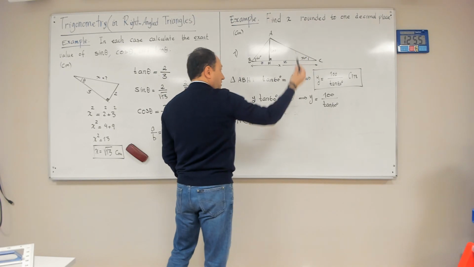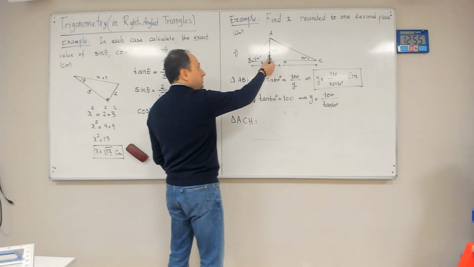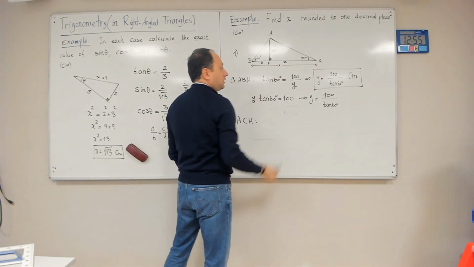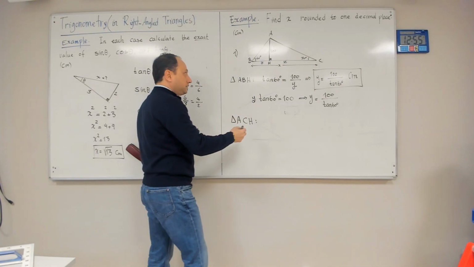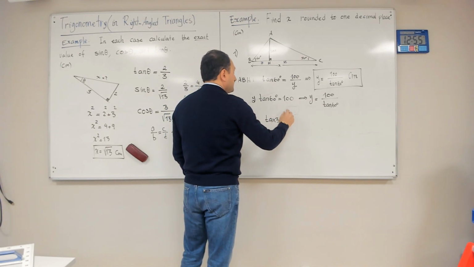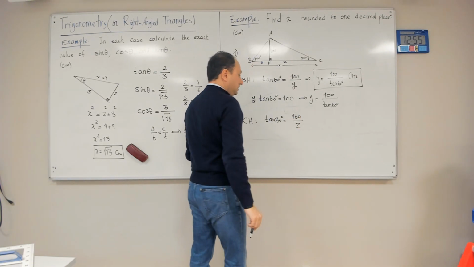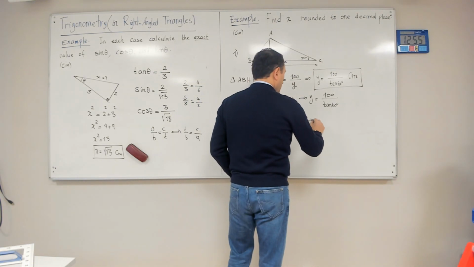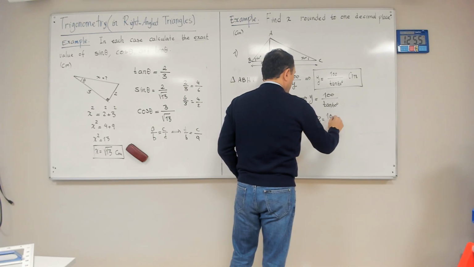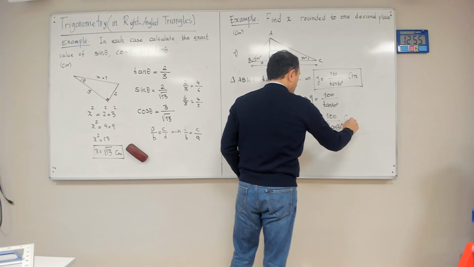Tangent, sine, or cosine? Which one you choose? Tangent again, because opposite one and the adjacent one are the ones involved, yes? So tangent of 30 degrees becomes equal to the opposite one, 100, divided by z. For the same reason, z becomes equal to 100 divided by tangent of 30 degrees, centimeters.